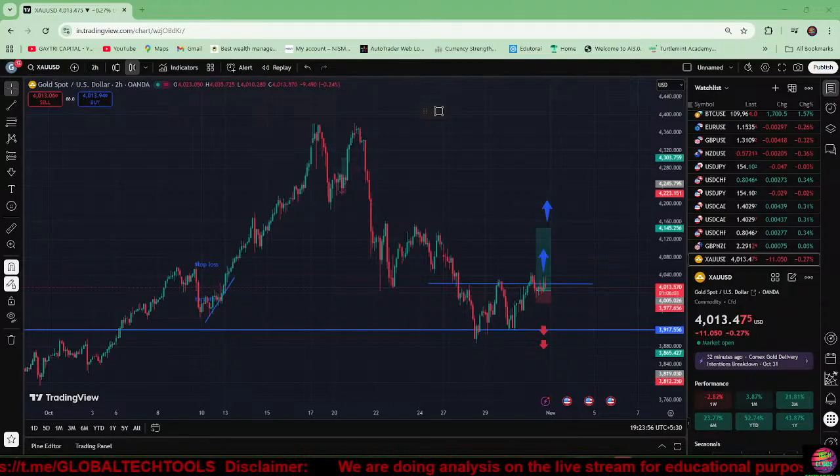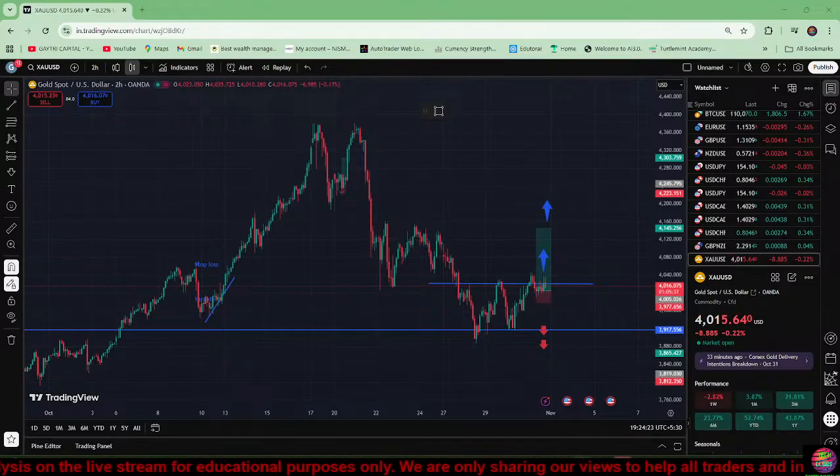One, market structure, and two, candlestick patterns. So as you can see right here, this peak, this elbow, this pointy point, this is a market structure point. This is a market structure point. This is market structure, market structure, market structure. And as you can tell, this market structure created with the candlesticks has created a head and shoulders pattern.